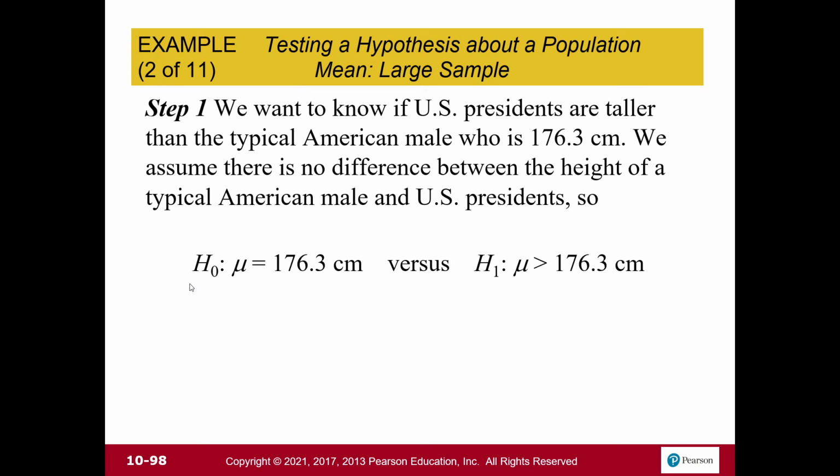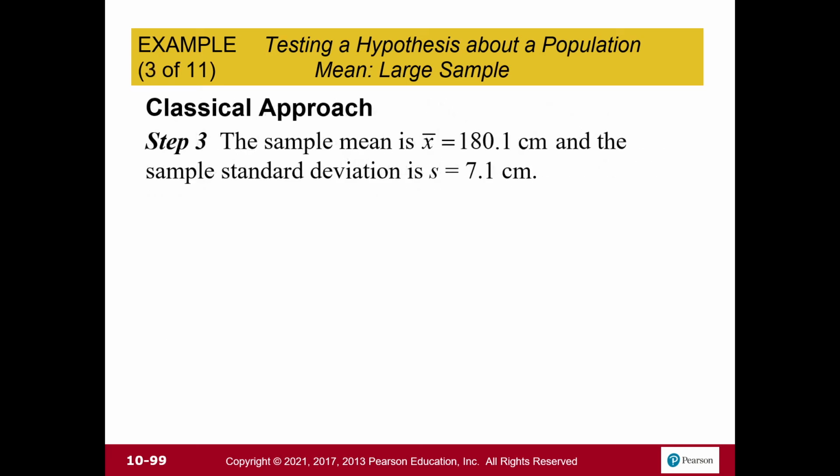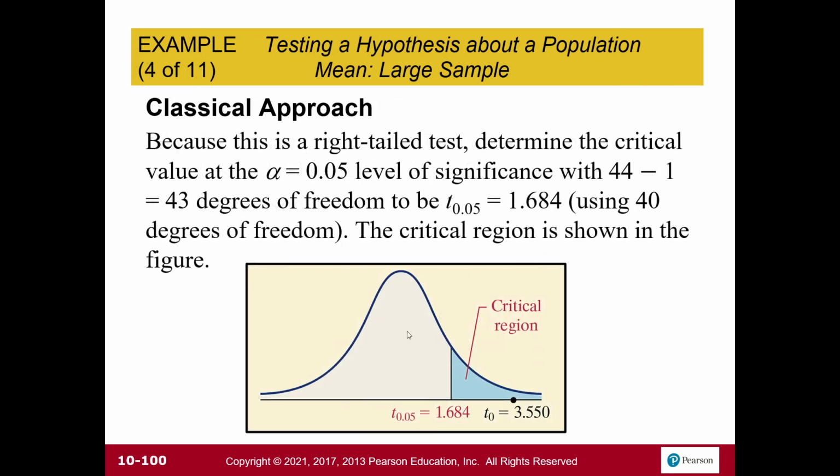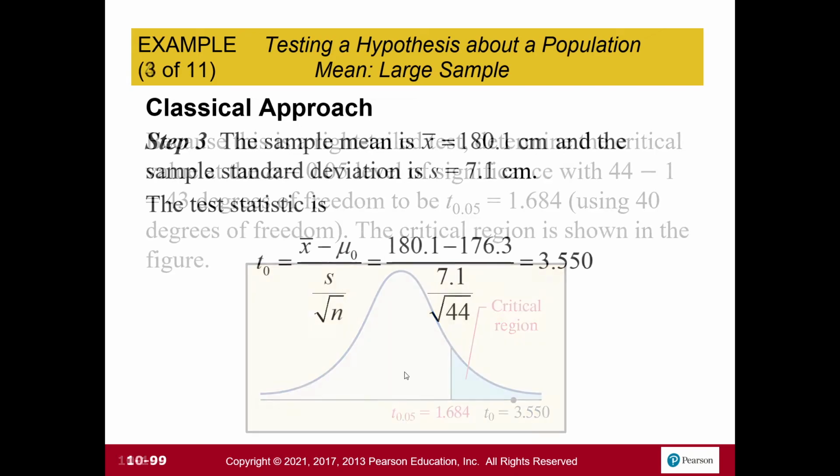We are going to identify our null and alternative hypotheses. The level of significance is alpha set to 0.05. And we are now going to identify the mean and standard deviation. And we calculate our test statistic of 3.55, which is pretty far away from the mean of 0.